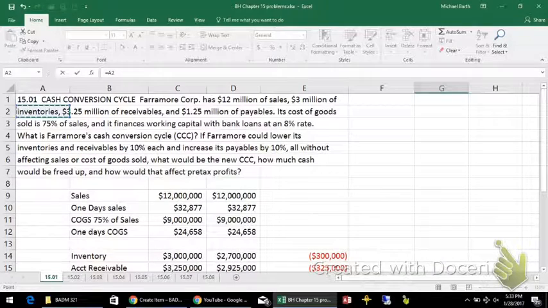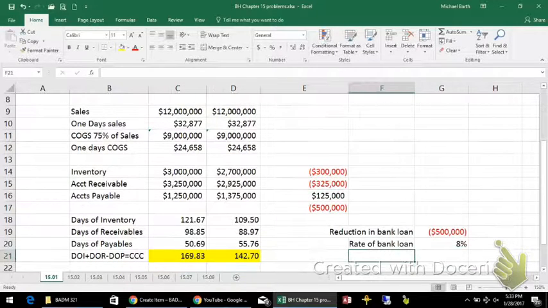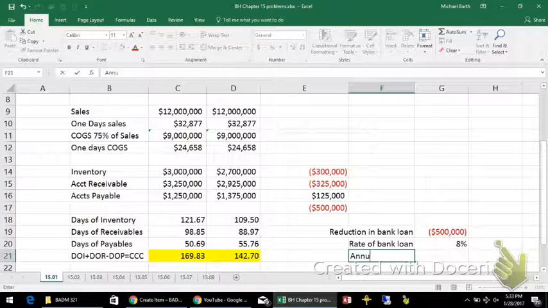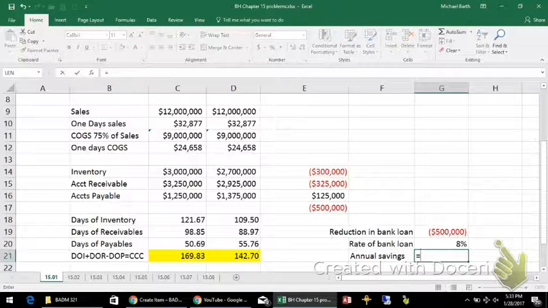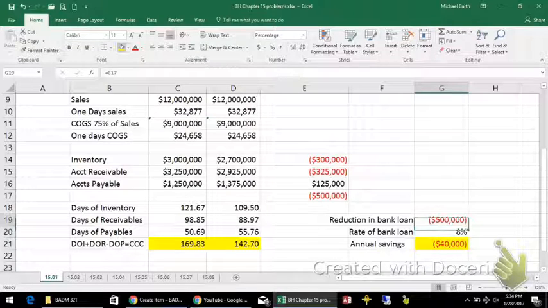That would mean that the annual savings in interest expenses would be $40,000 less, which would mean pre-tax profits would increase by the $40,000. All right, and there's the answer.